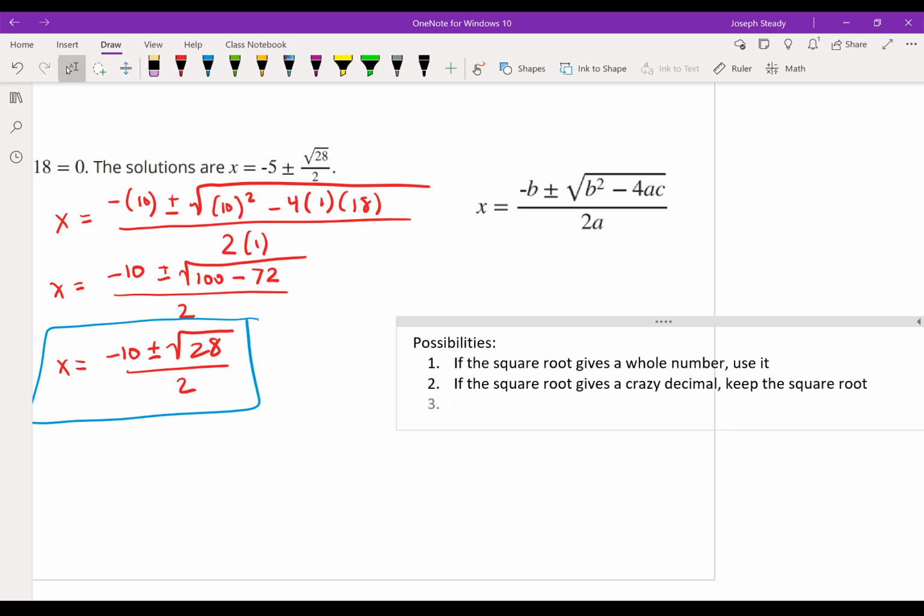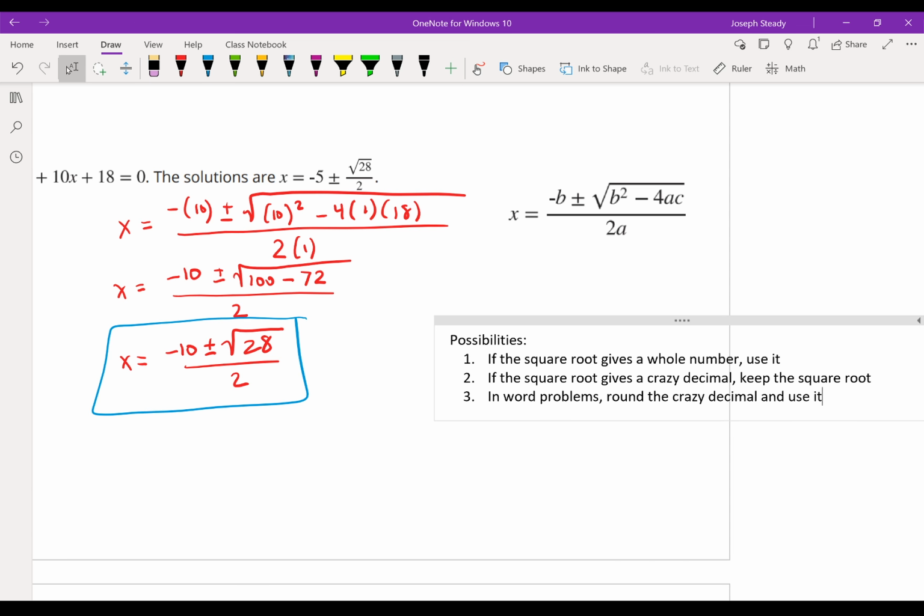So what I want you to tell me in the word problems is to round the crazy decimal and use it. Now that doesn't mean round to a whole number. It just means round it, maybe to like 2 decimal places and use that. But decimals are fine in word problems because we want a number that we can actually think about. I don't want negative 10 plus or minus the square root of 28 over 2.